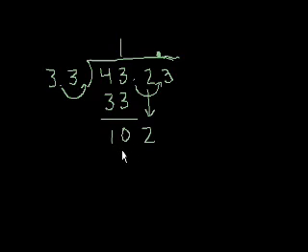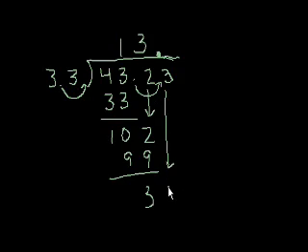You can eyeball that one and say, oh, 3 times, because you know 3 times 33 is 99. 102 minus 99, well, that's easy. That's 3. And we just bring down this 3. 33 goes into 33 one time. 1 times 33 is 33. Subtract, 0.